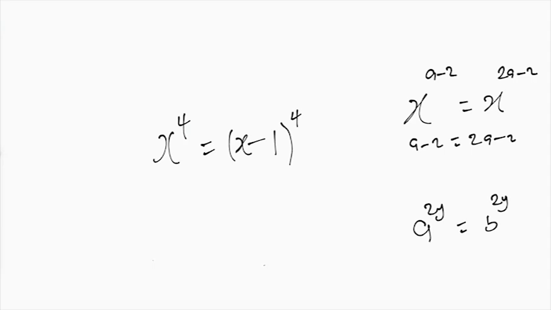So if the power is the same, just like in this case, where we have 4 on the right hand side and also on the left hand side, it tells us that x must equal x minus 1. But look at it this way: we simplify this, x plus x equals minus 1. Of course, this particular equation does not have a solution. But along the line, I will show you what you need to do so that you can arrive at a solution easily and safely. Let's dive into this quickly.